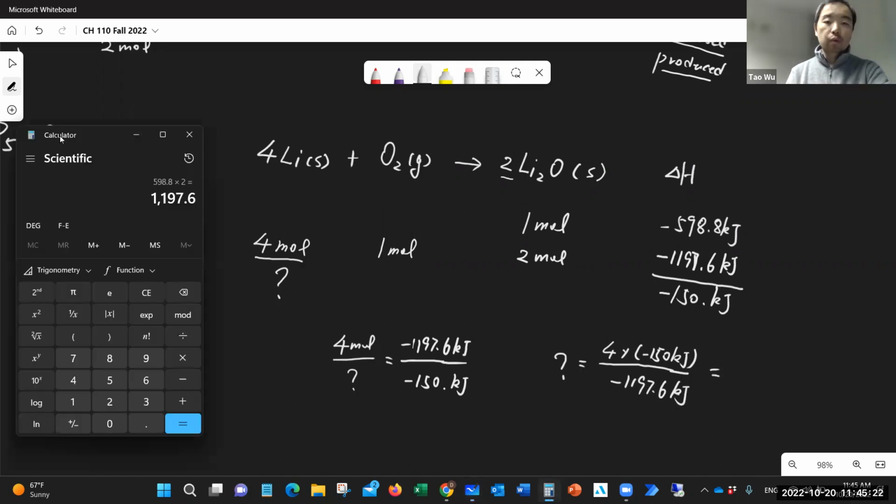Now you get the moles of lithium: 4 times 150 divided by 1197.6, so 0.501.